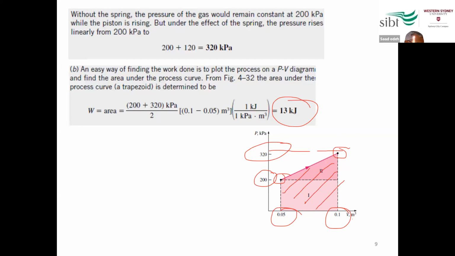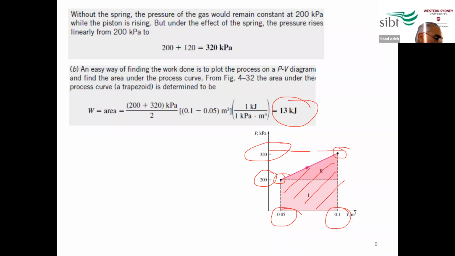Yes, you can use it. An easy way of finding the work done is to plot it on the PV (pressure-volume) diagram and find the area under the curve. Also, you can use the formula: work done is the integral of P dV, where the change of volume is from volume 1 to volume 2.